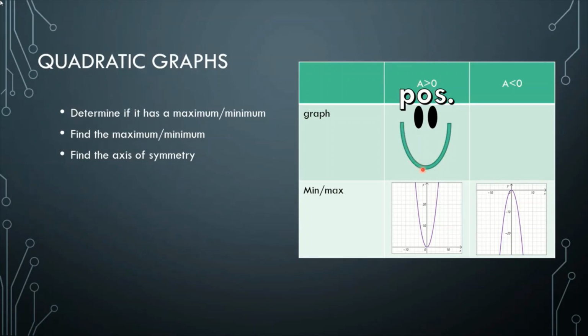It would be facing upwards like this because it's positive. Now if it's negative, which means A is less than 0, so another way of saying that A is negative, then you're going to have a sad quadratic.